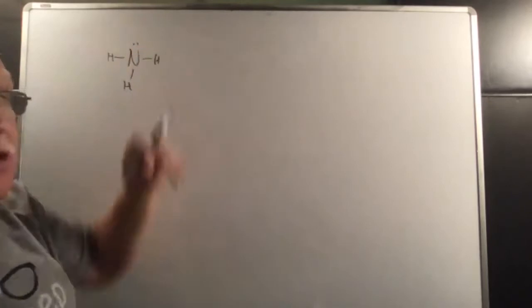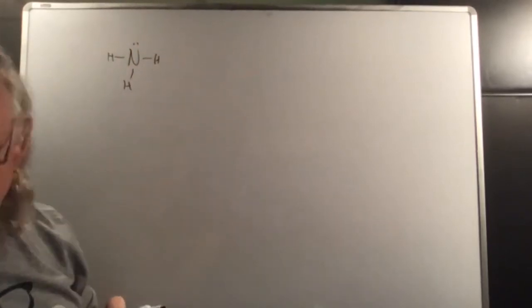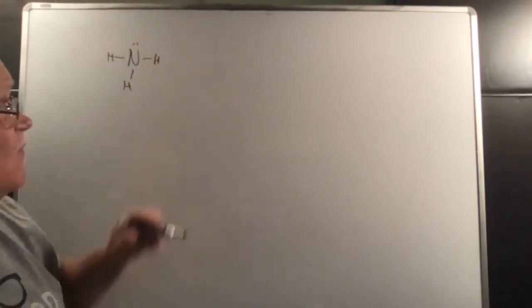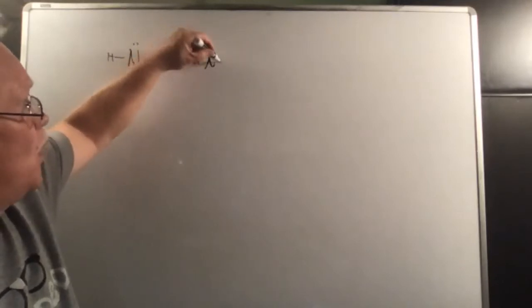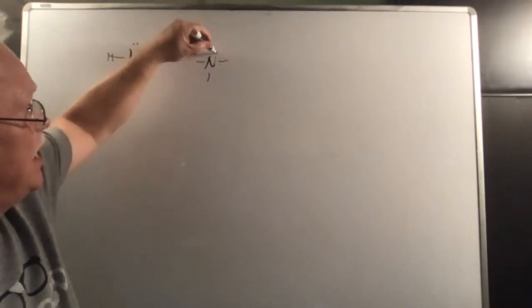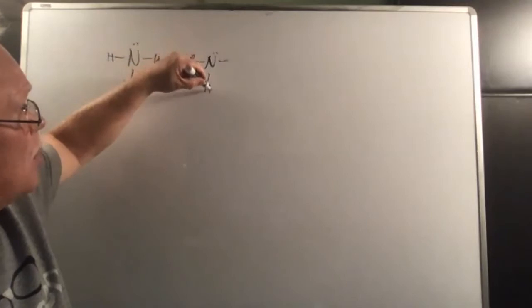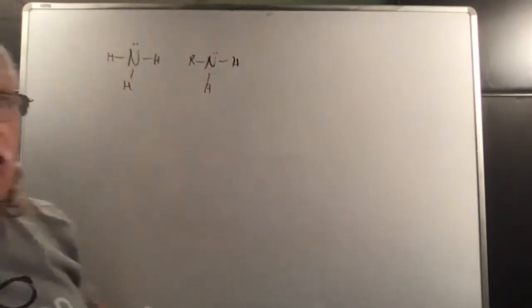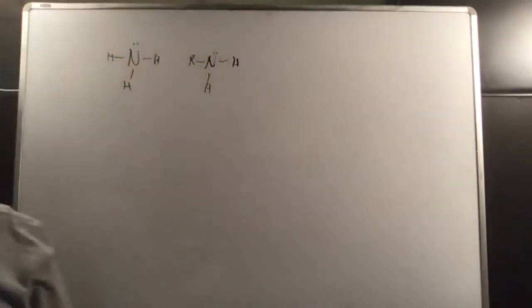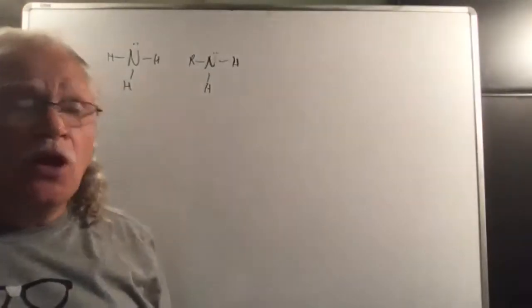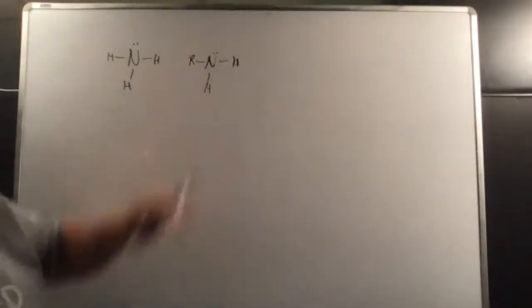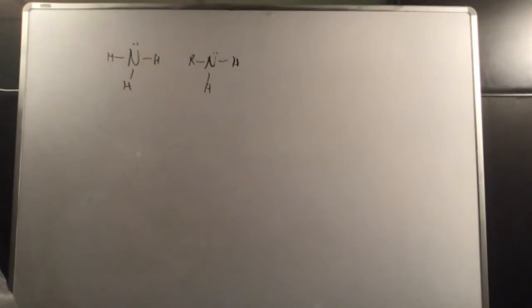Now, the way we classify amines, though, is different than the way we classify alcohols. When we classify the amines, we don't worry about whether the R group is a primary or secondary or tertiary carbon. What we do is we look at how many R groups are on the nitrogen.